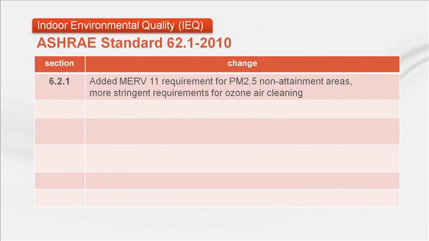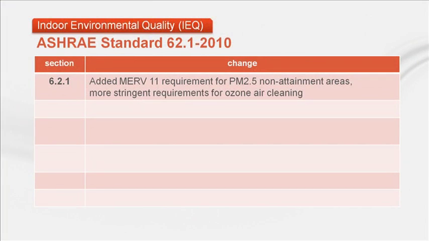Now let's step back and discuss the 2010 version of ASHRAE 62.1. There were lots of changes between the 2007 and 2010 versions, but I'll try to summarize the most significant changes that might affect a typical LEED project. First is a new requirement for air cleaning of fine particles.